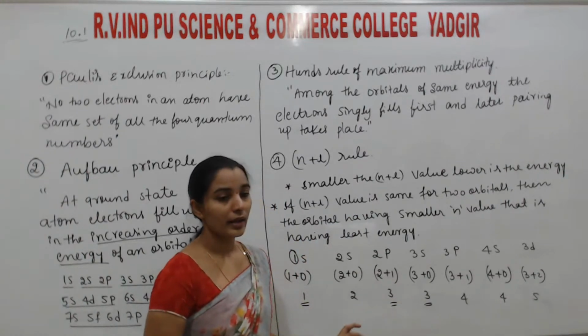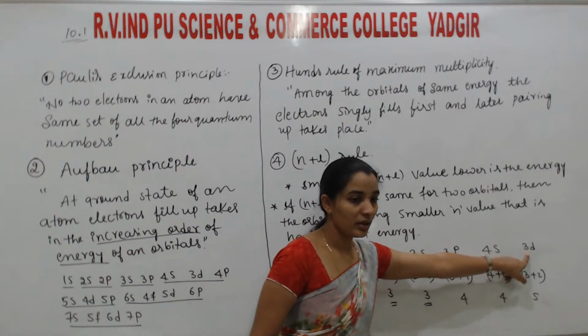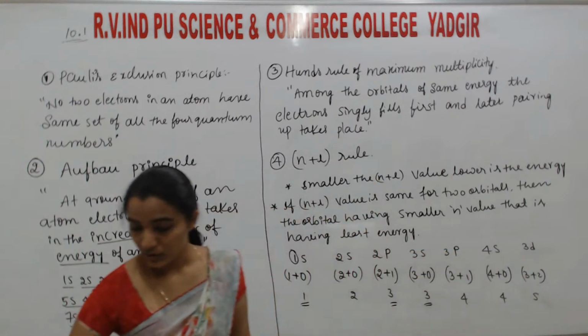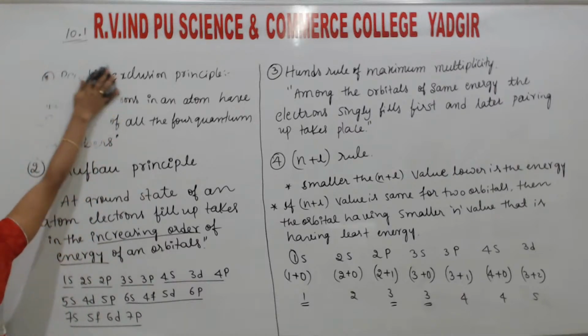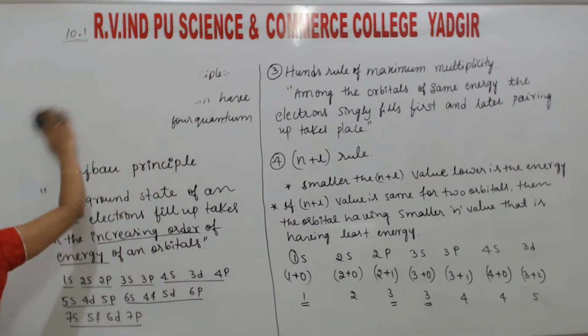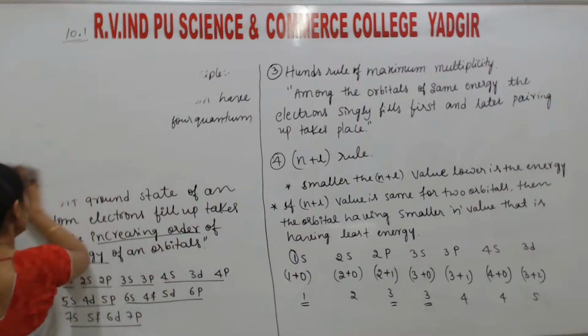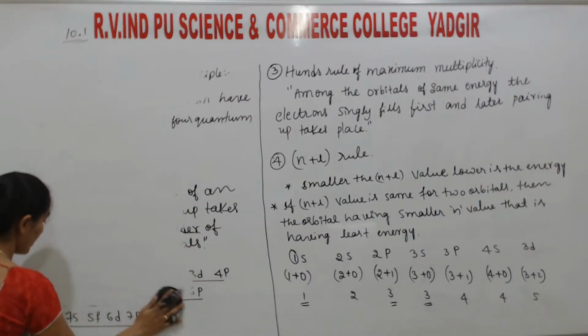Okay, these are the examples, why 4s comes first than 3d. So this is all about the rules governing electronic configuration. The next one is stability of completely filled and half-filled configuration.